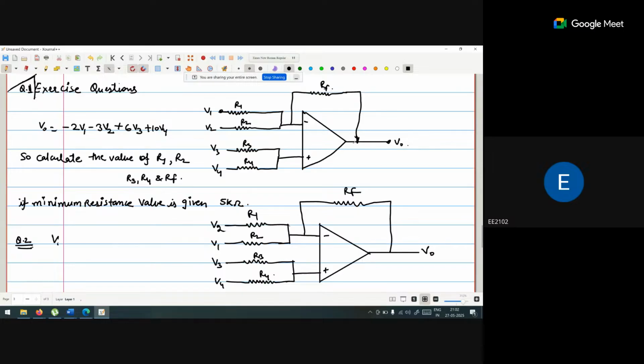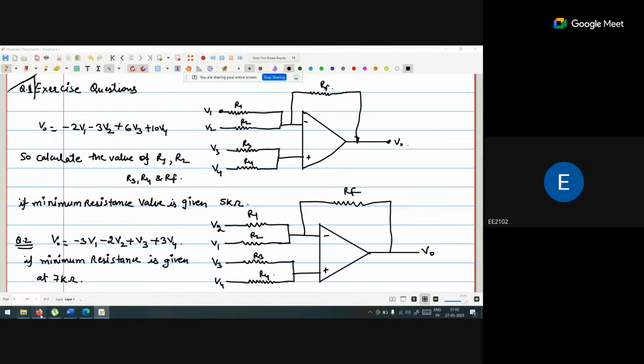Now the output voltage is 3 times V1 minus 2 times V2 plus V3 plus 3 times V4. So calculate R1, R2, R3, R4, and RF, if the minimum resistance is given as 7 kilo ohm.